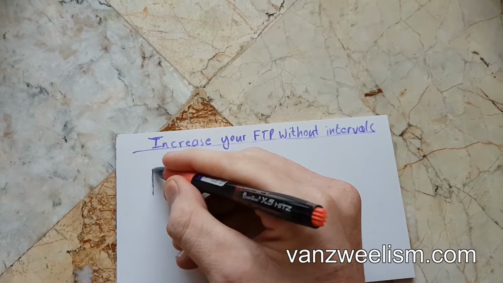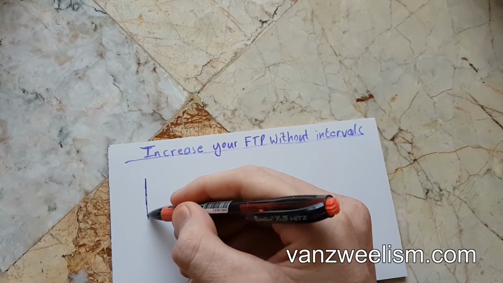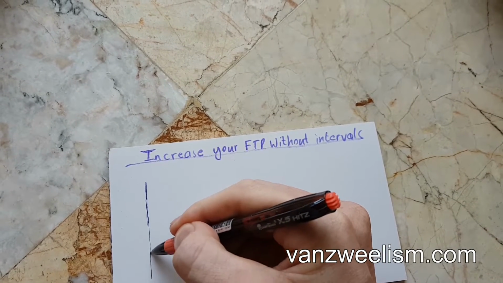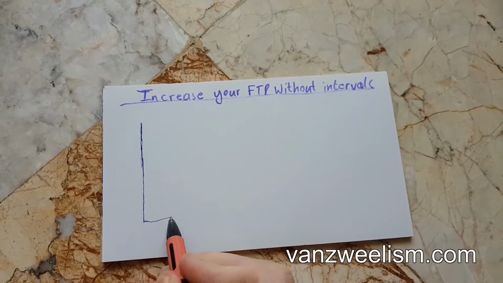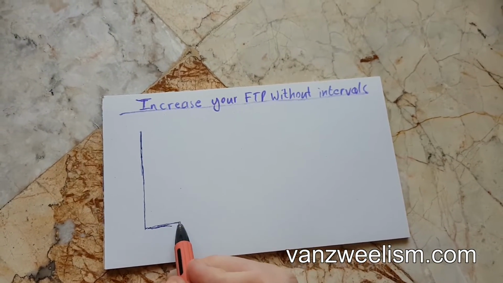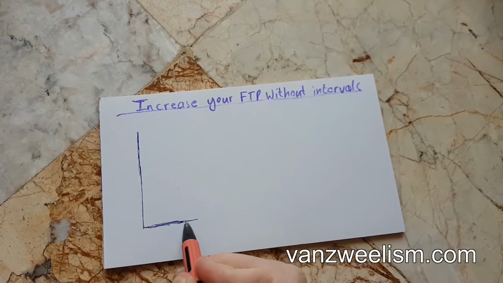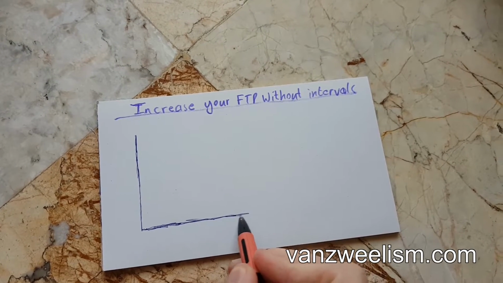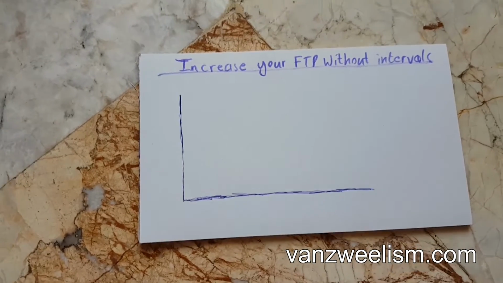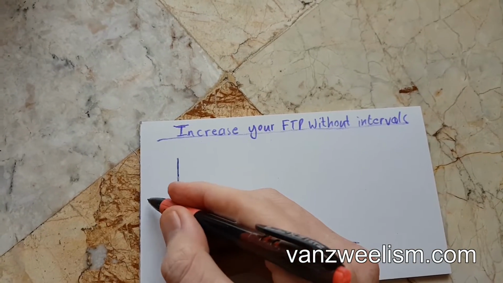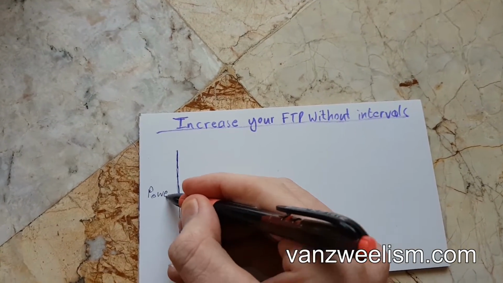So we're going to start with the x-axis here. Oh, sorry, the y-axis. I've done my maths so long ago. I mean, I finished school like 11 years ago, so bear with me here. And then we're going to draw the x-axis. So let's put power here on the y-axis.